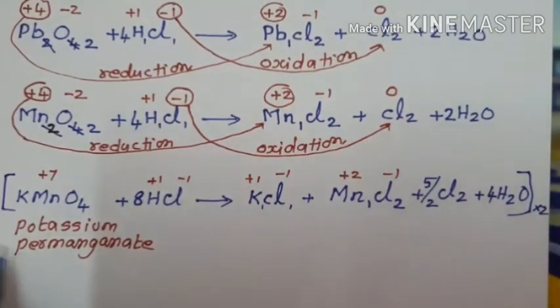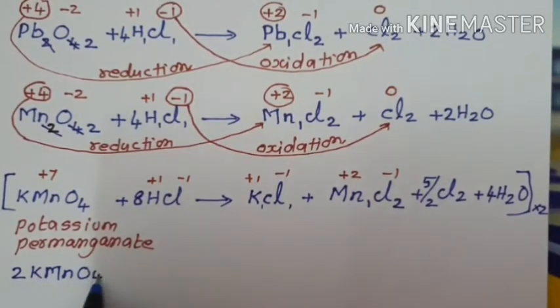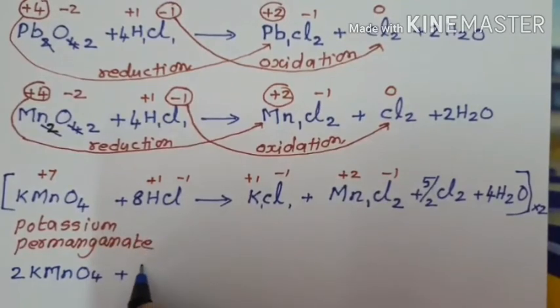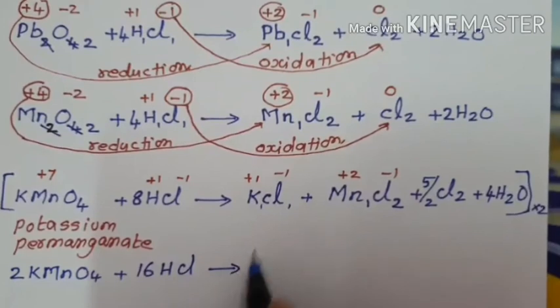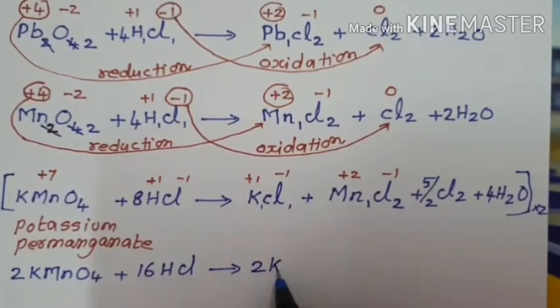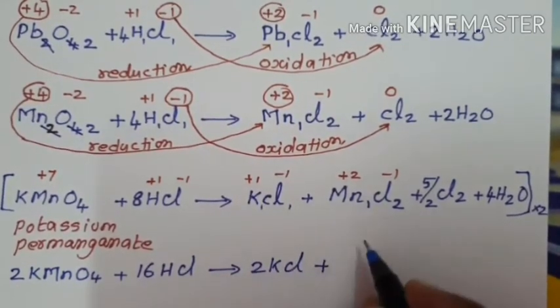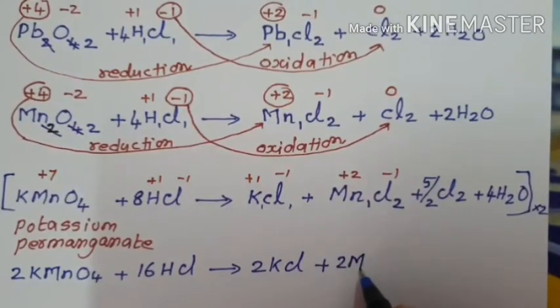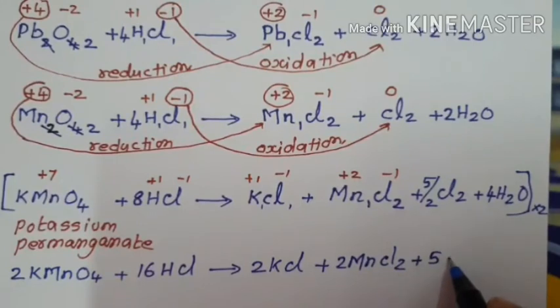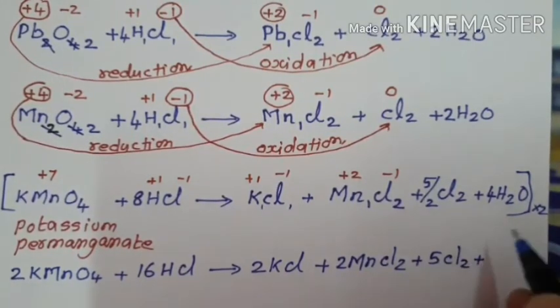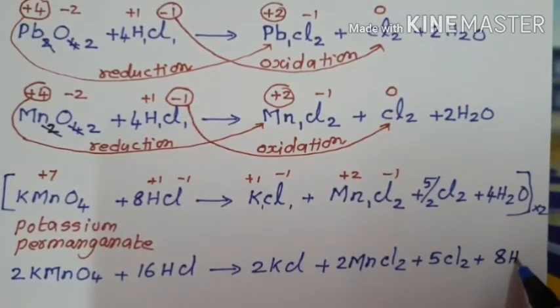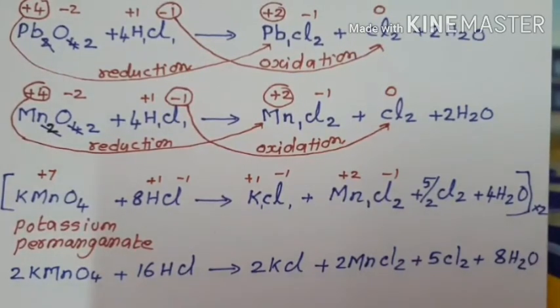When you multiply by 2, we will get 2 KMnO4 plus 2 into 8, 16 HCl gives 2 KCl plus 2 MnCl2, 2 into 5 by 2, 5 Cl2 plus 8 H2O. So, this is the final reaction.